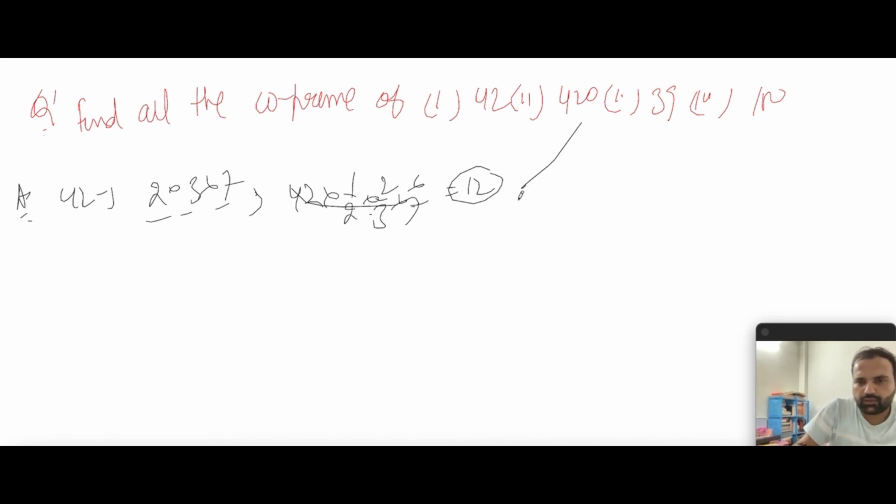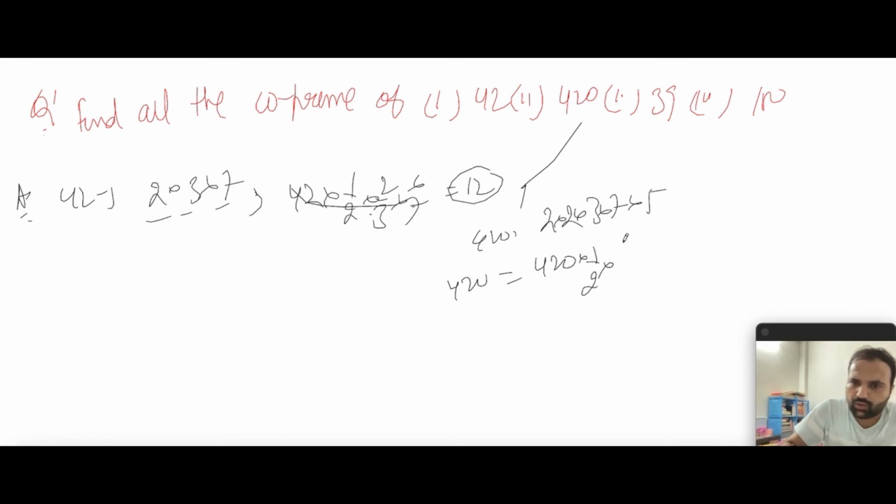Simple. What if you want to do 420? It's 42 into 10, so 2 square into 3 into 7 into 5. So you have 420 into 1 by 2 into 2 by 3 into 6 by 7 into 4 by 5. That gives 96.